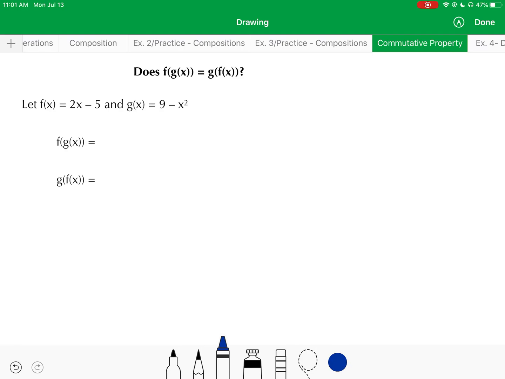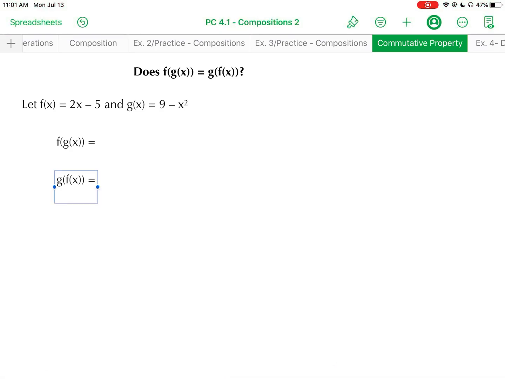All right, here we want to look at whether composition as an operation is commutative. So here we have two functions, f and g, and we're asked to find both f of g of x as well as g of f of x. I'm actually going to move this over here.